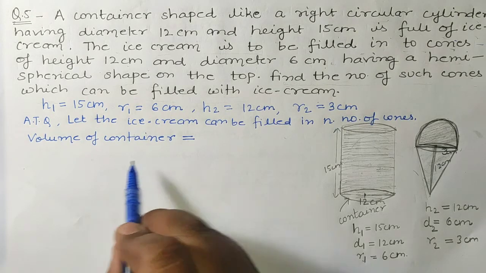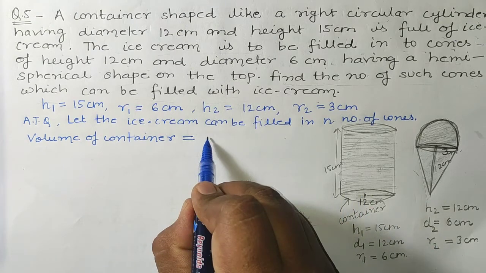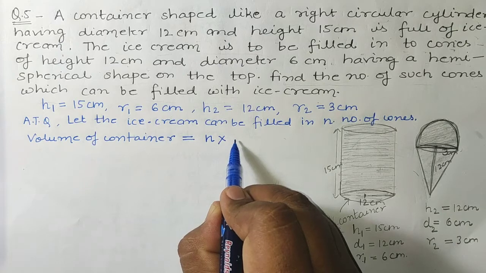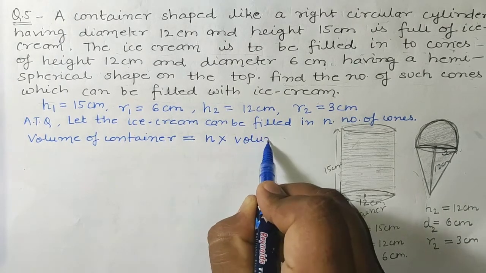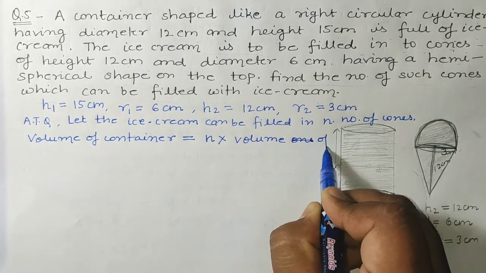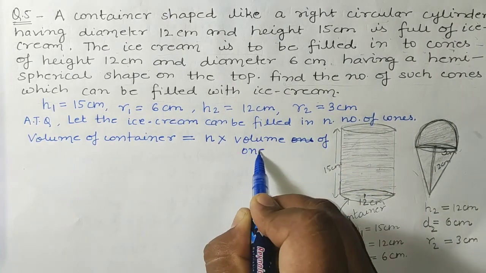So the volume of the container will be equal to n into the volume of one cone.